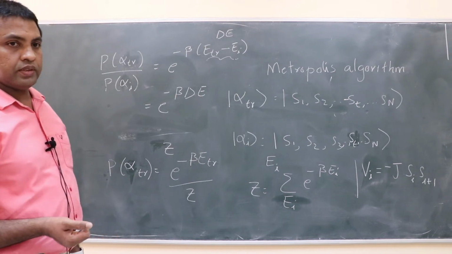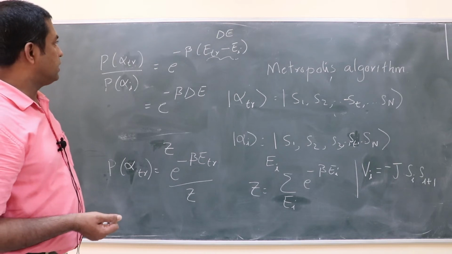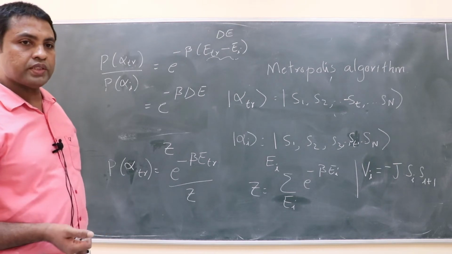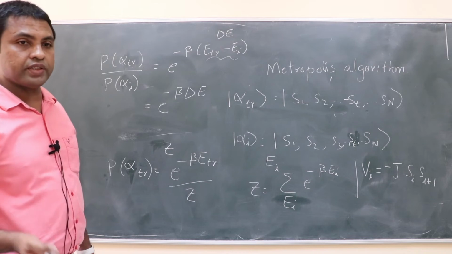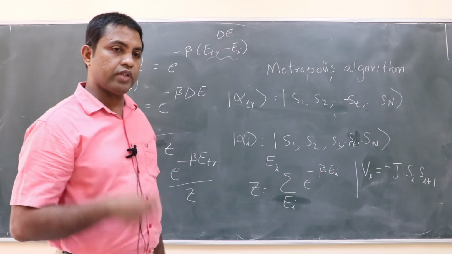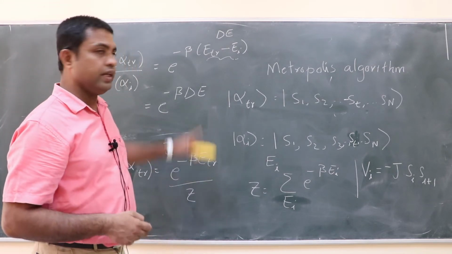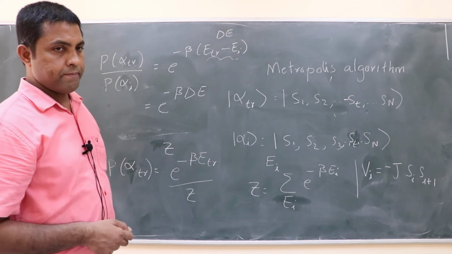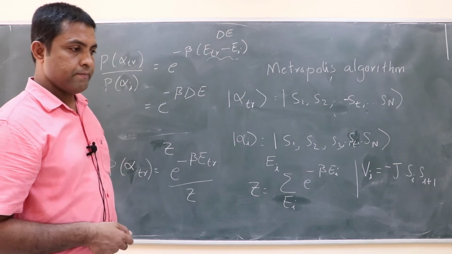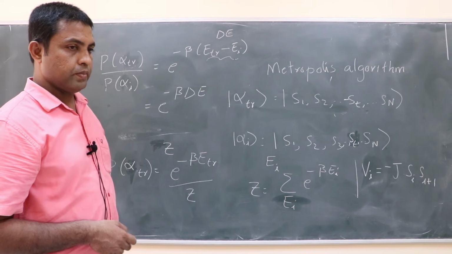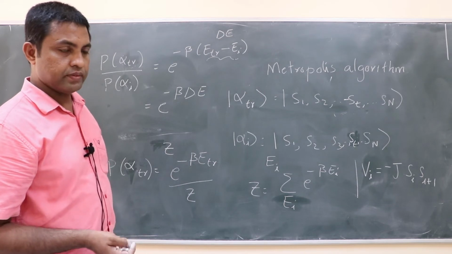higher energy or lower energy. Say your new configuration is having a lower energy, what will delta E be? Positive or negative?